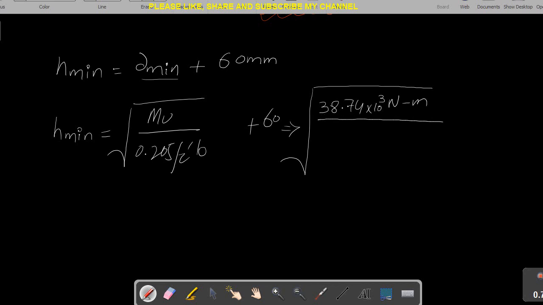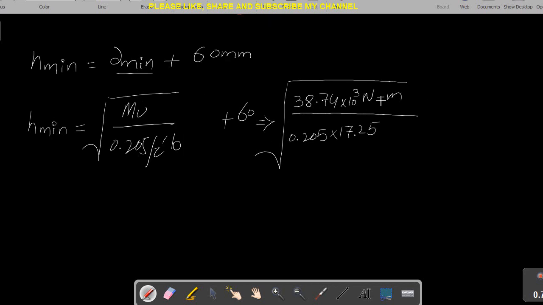This is important. Now 0.205, I have my MPa, means if you convert MPa to Newton, we have to multiply by 10 to the power 6. Now this becomes Newton per meter square, right, times the width of the section.